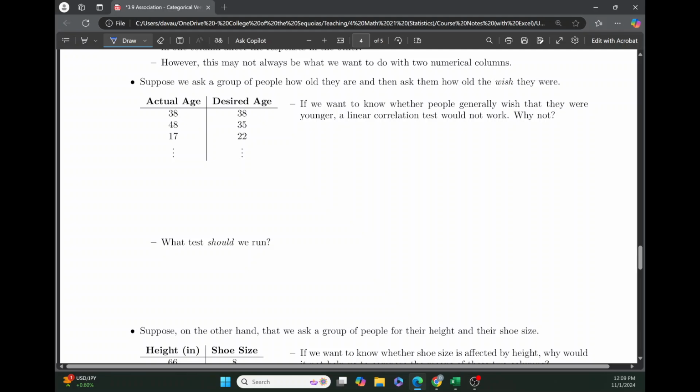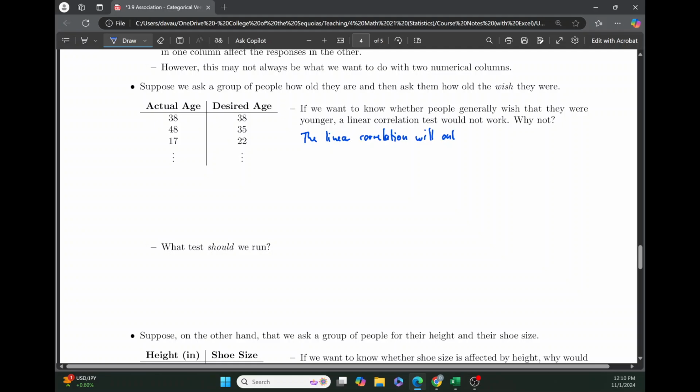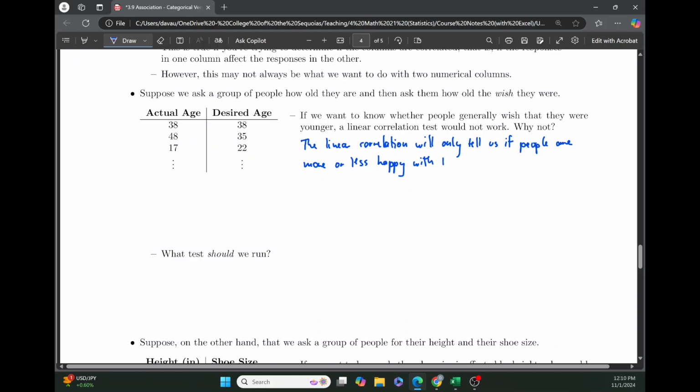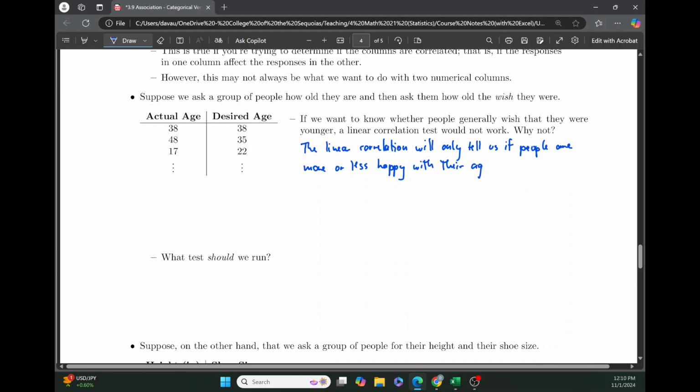Well, the linear correlation will only tell us if people are more or less happy with their age, right?